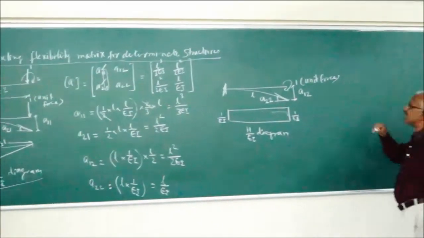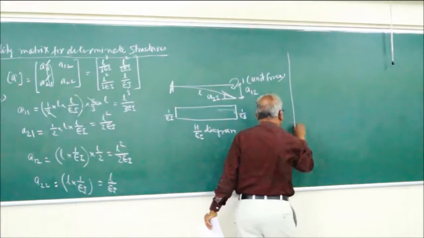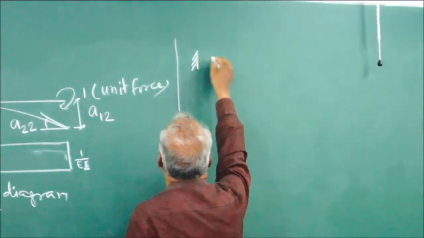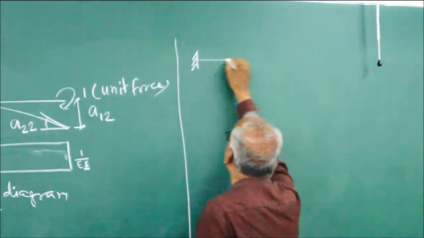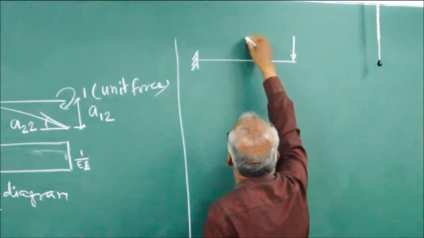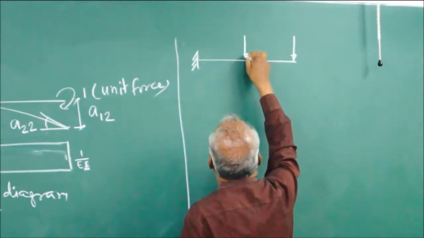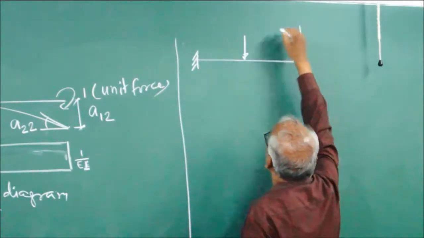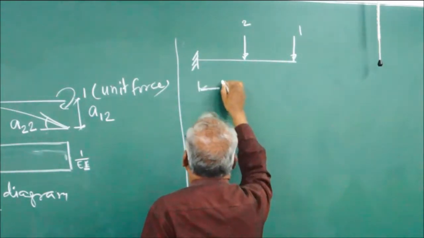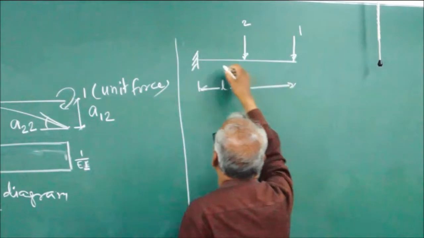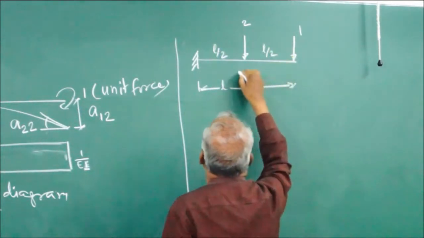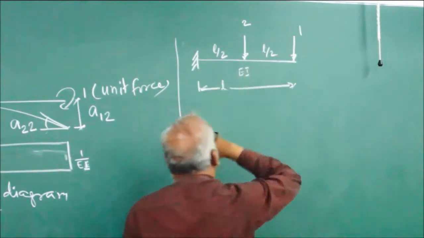We will take the second example. Let us take one more cantilever with the 2 coordinates. Coordinate 1, coordinate 2 is here. EA is uniform.